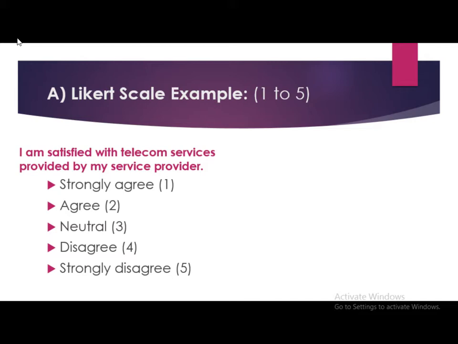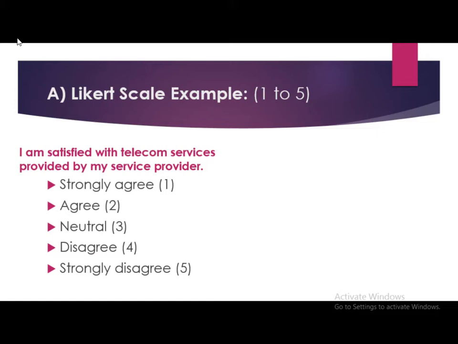So we can assign the weights 1, 2, 3, 4, 5 to this Likert scale. Now the respondent can click on any of the responses. Suppose I am satisfied with the services provided by my telecom service provider, then I can click on agree.